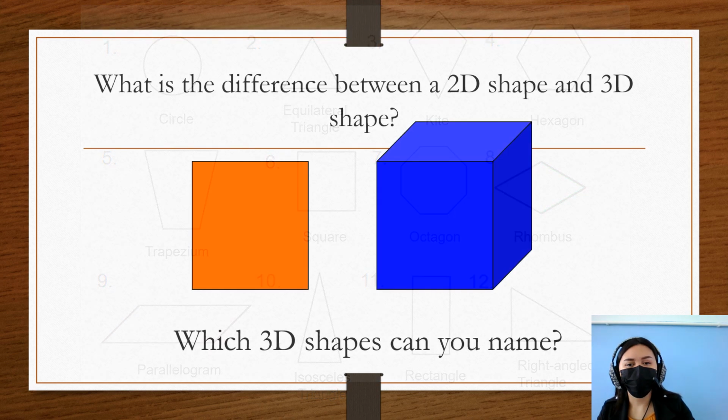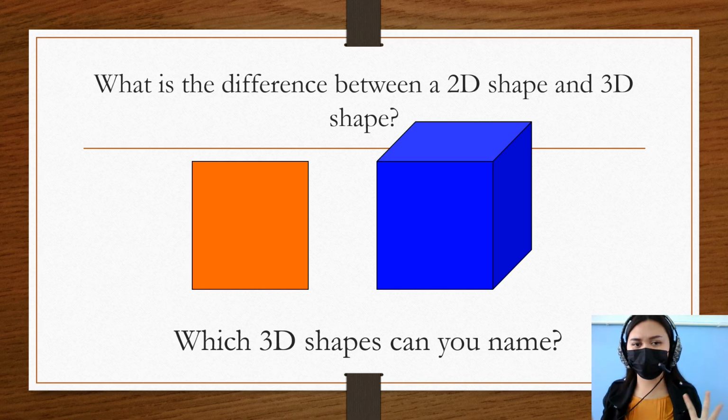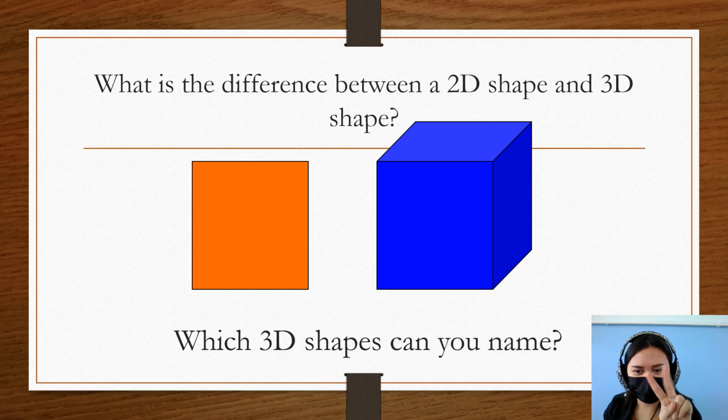Now let's move on to our lesson proper about 3D shapes, or characteristics and parts of a prism. So look at this one. What is the difference between a 2D shape and a 3D shape? Okay, look at the two shapes in there. You can see this square and this one also.